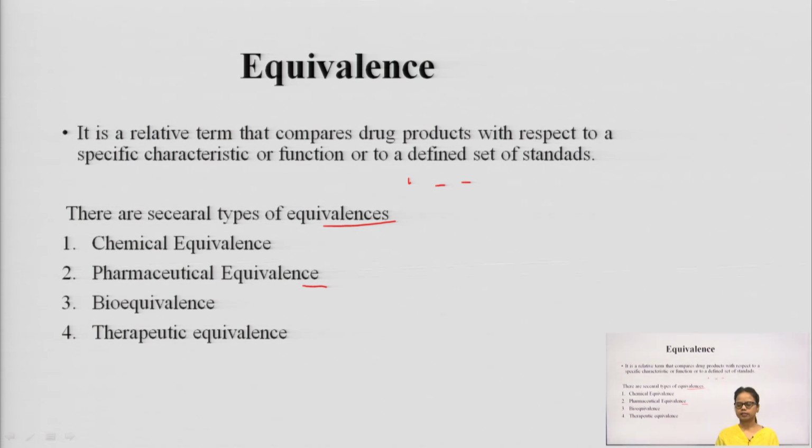So, by this we can conclude that they are the same salt but two different dosage forms. One is tablet and the other is syrup. So we have to conclude the pharmaceutical equivalence between these two dosage forms.